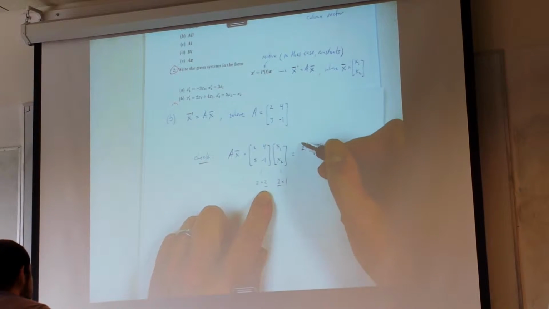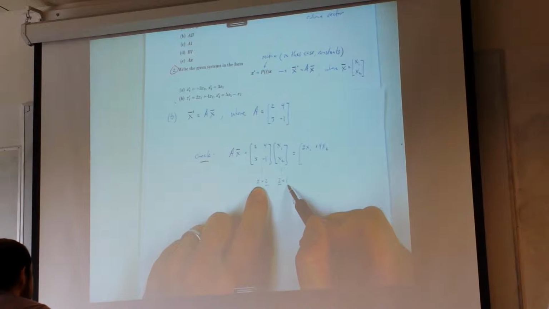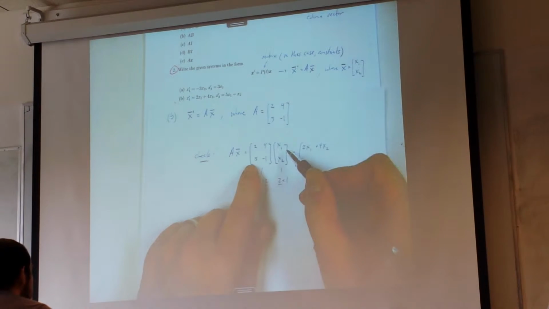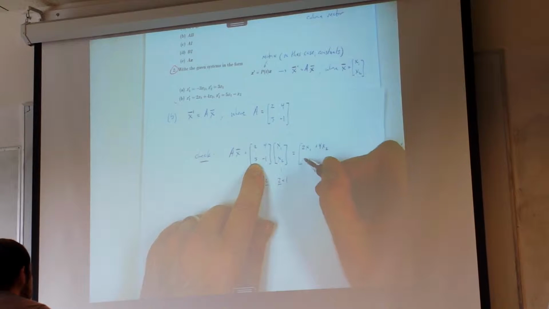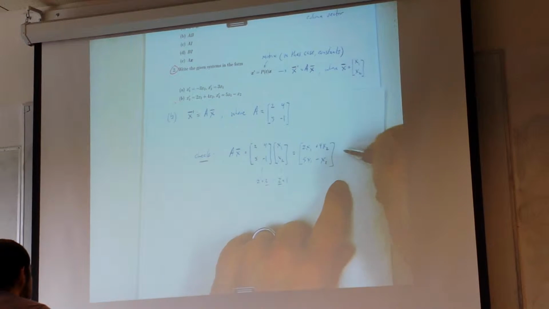And the result will be a 2 by 1. And the other equation, 5x1 minus 1x2. Right, so that's AX, and that was equal to our x1 prime, x2 prime, right?